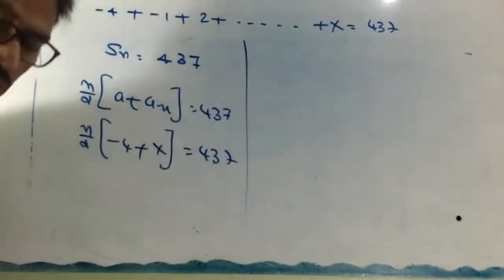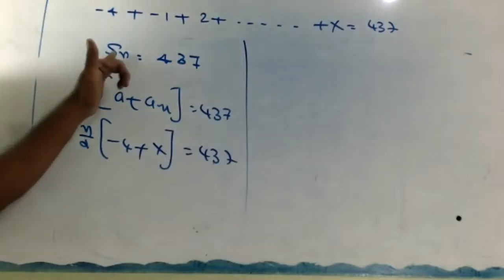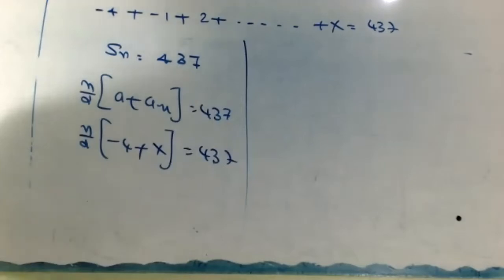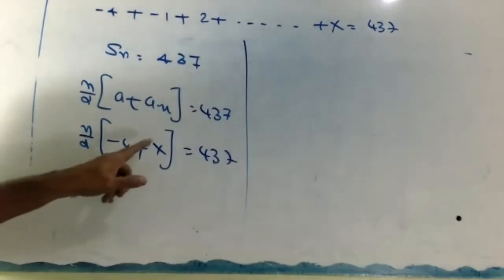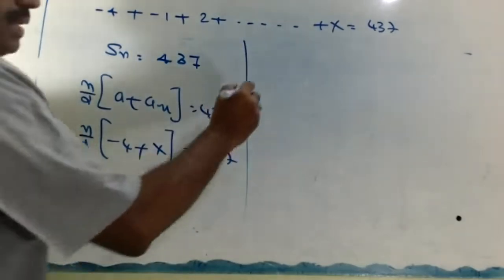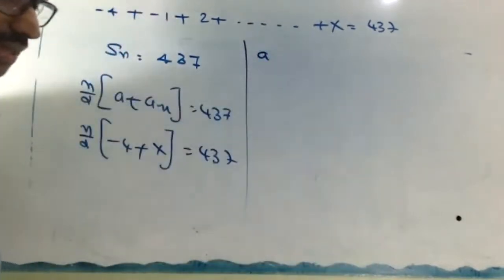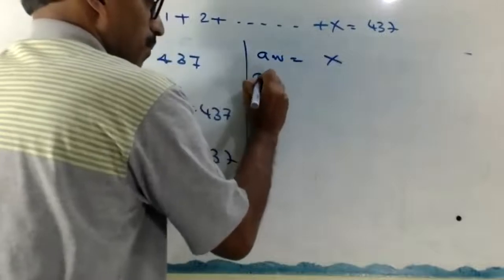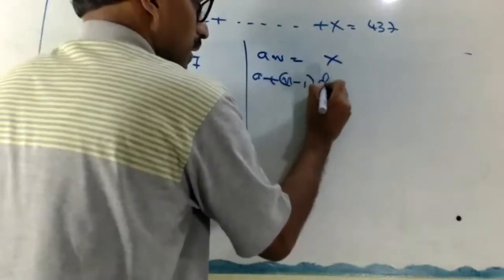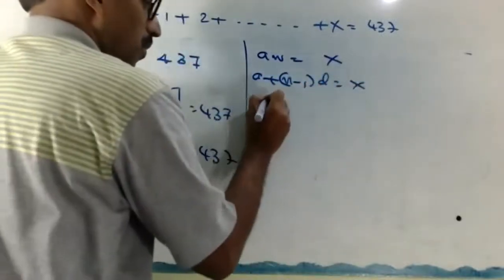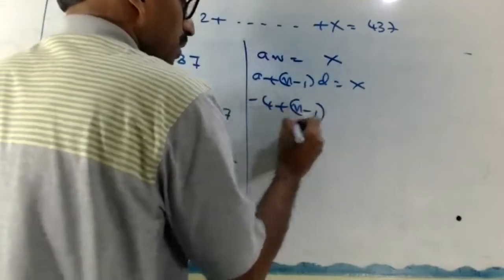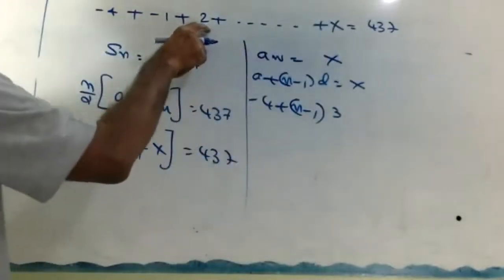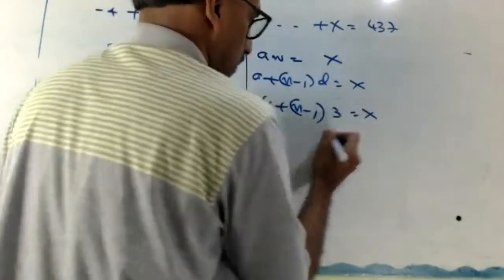Now listen here. Once again, you write Sn equal to 437. So n by 2 into a plus an equal to 437. So n by 2 into -4 plus x equal to 437. Now, like the previous question, we took an equal to x: a plus n minus 1 into d equal to x. -4 plus n minus 1 into d, d is how much? 3, correct? 2 minus -1 is 3.